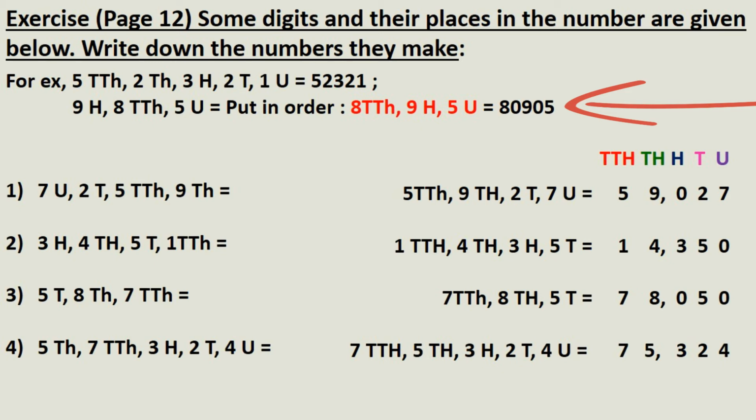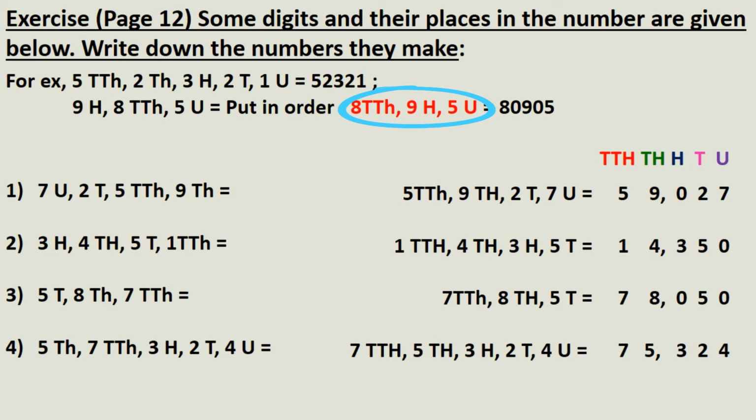Let us look at the first example which is given above. We will look at the second example that is given, 9h, 8tth, 5u. Units. It is not put in order.